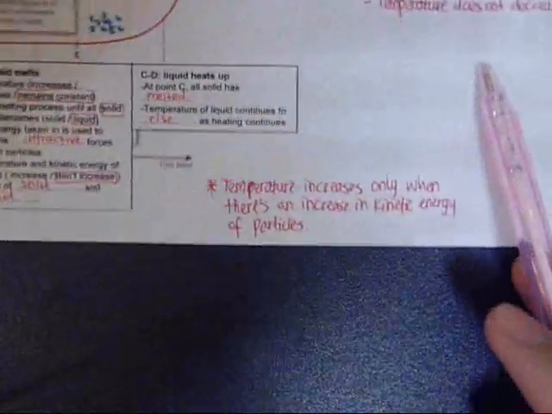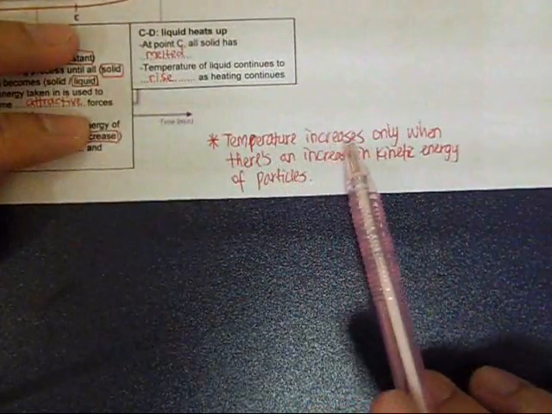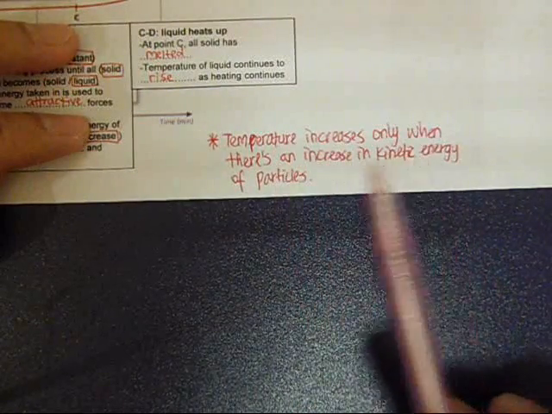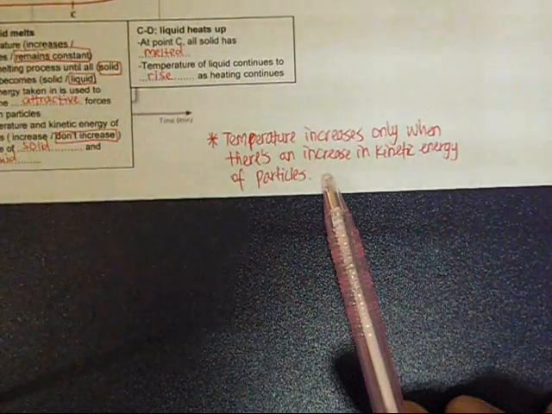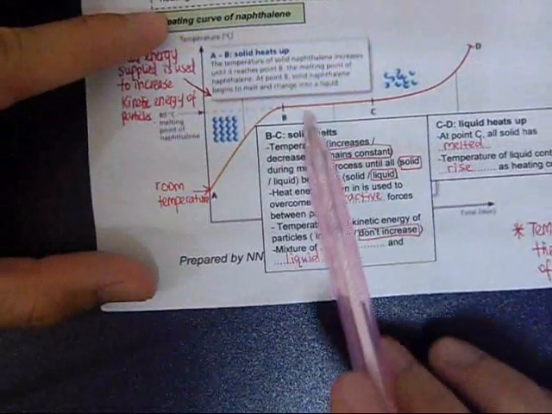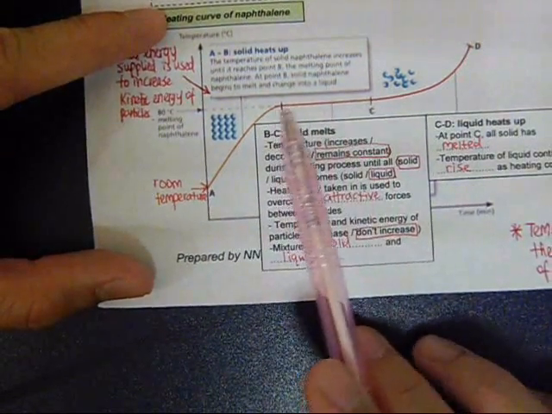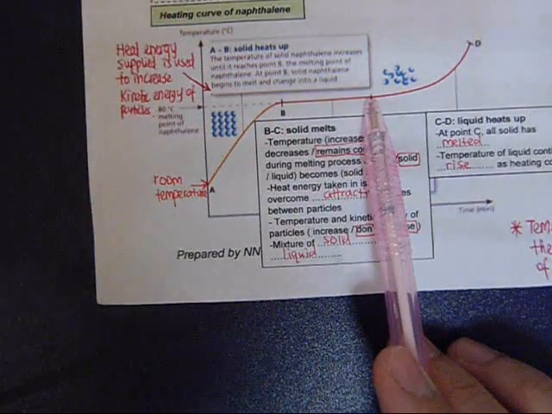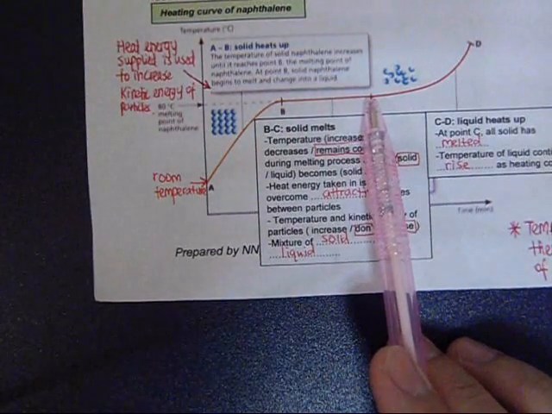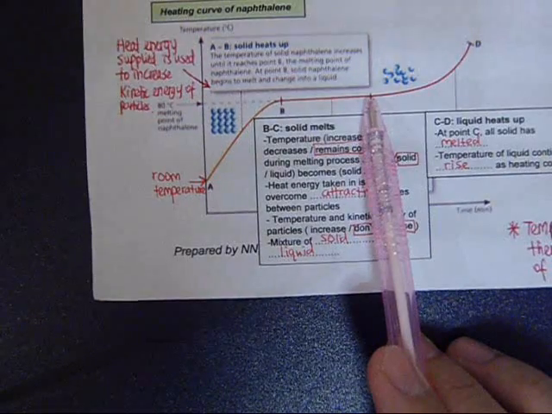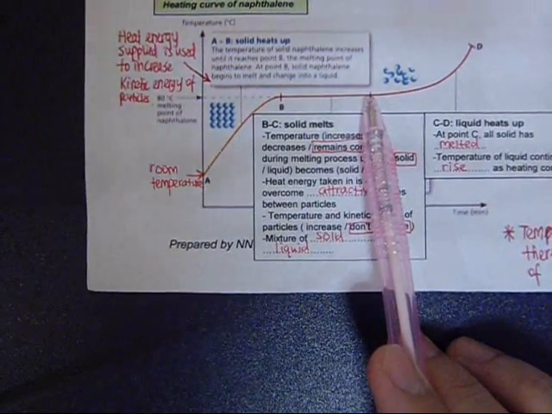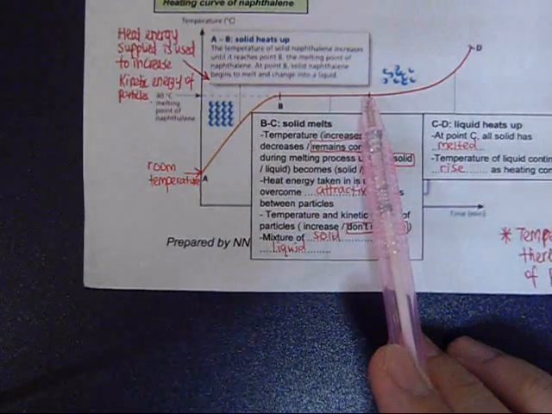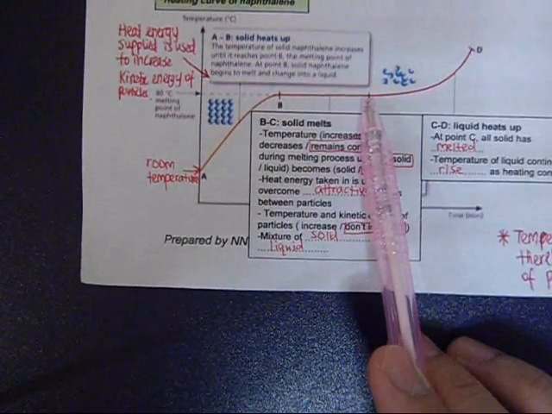So note this: temperature increases only when there is an increase in the kinetic energy of particles. Over here, you can see that the temperature doesn't increase. If the temperature doesn't increase even though heat is provided, it means that the kinetic energy of the particles doesn't increase.